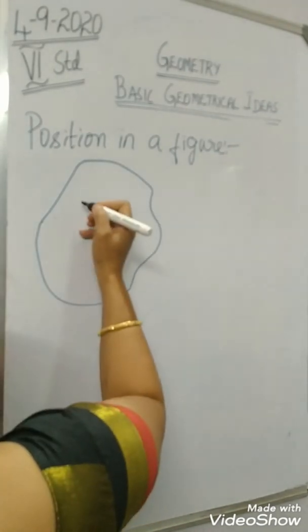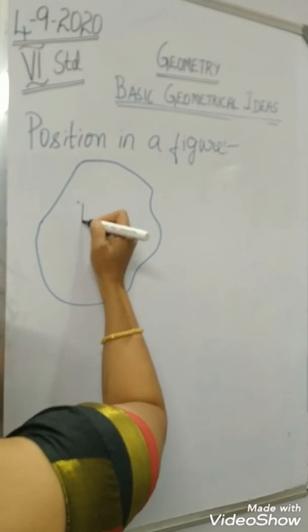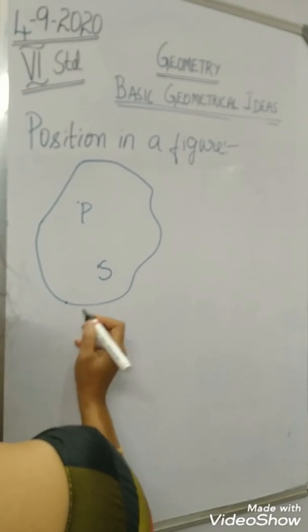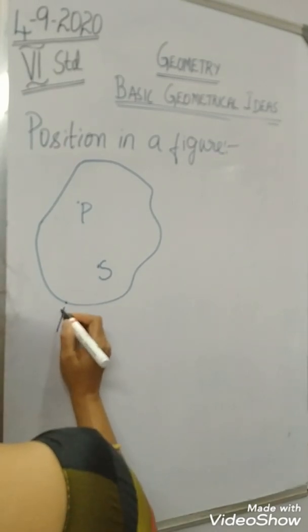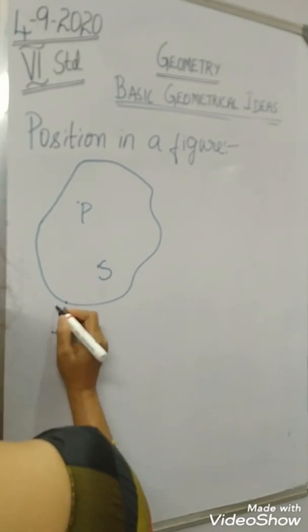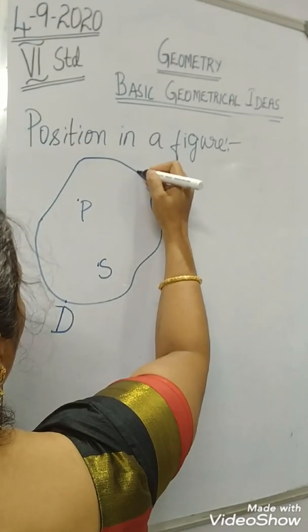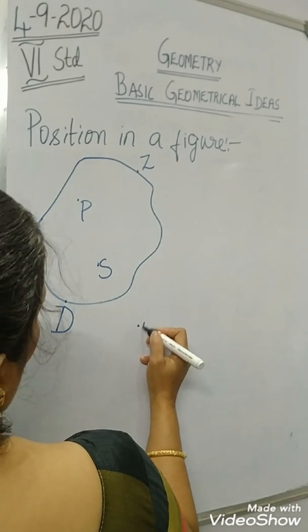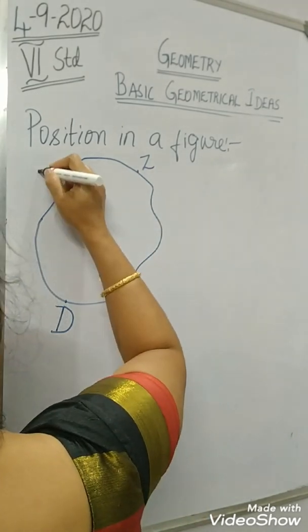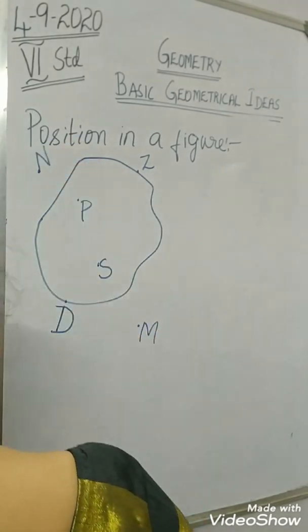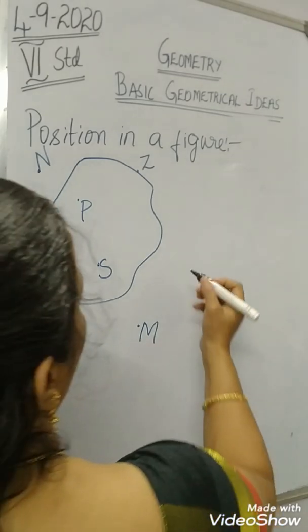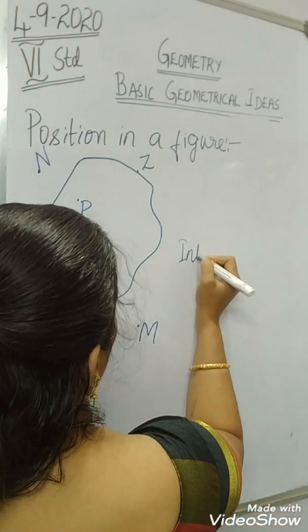Now here, I'll take this as P, S, here, D, here it may be Z, here M, here it may be N. Now, in this figure, which are the interior points? Can you tell?